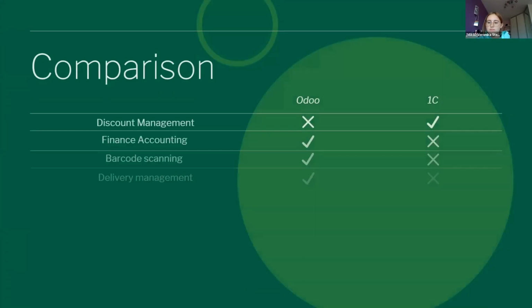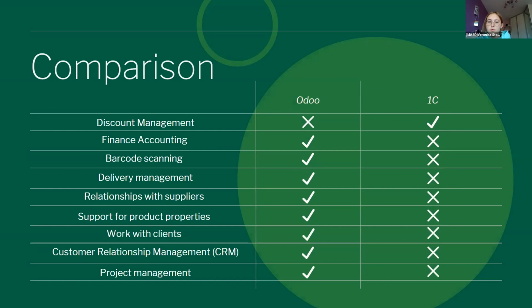Yeah, so as a comparison of Odoo and 1C, the program which they were using, despite that Odoo is somewhat similar to 1C and other open source projects, it has more features. It's definitely more comfortable for working with clients. For example, 1C does not have customer relationship management, which helps to communicate with customers and clients easier.